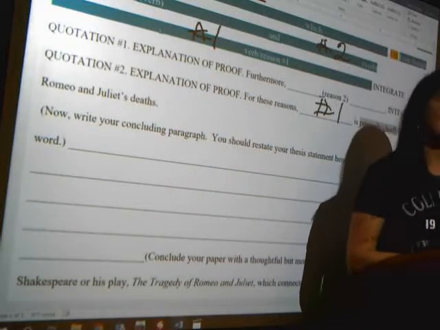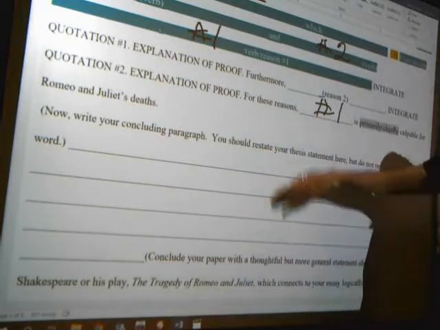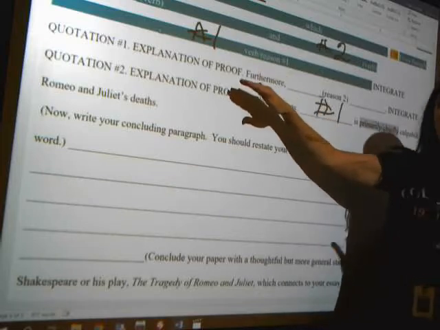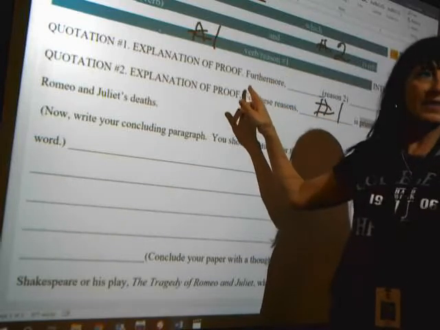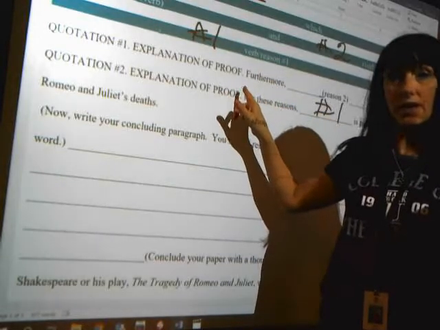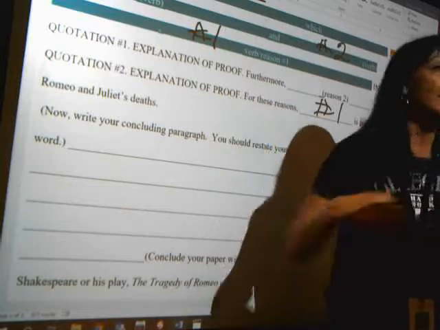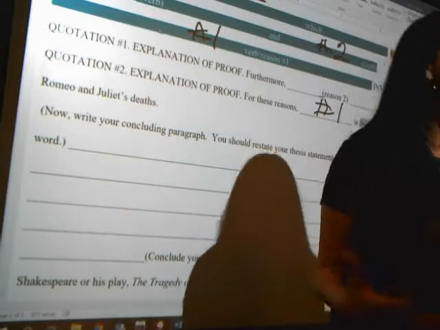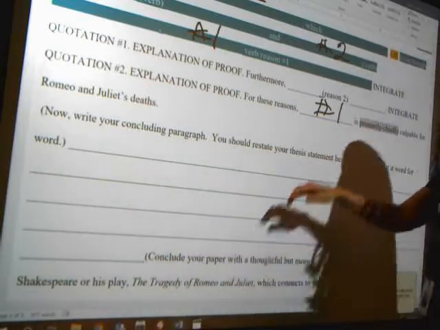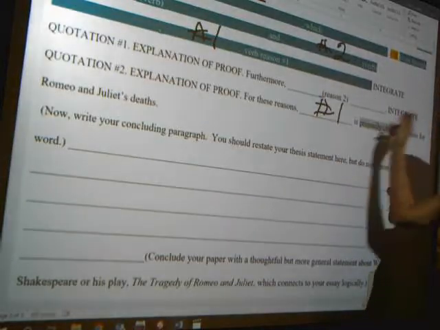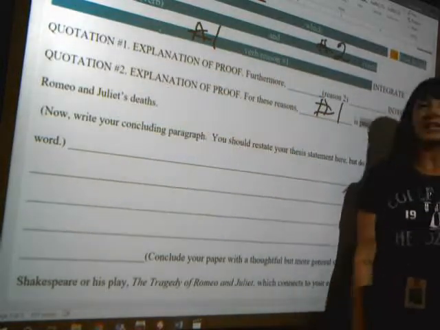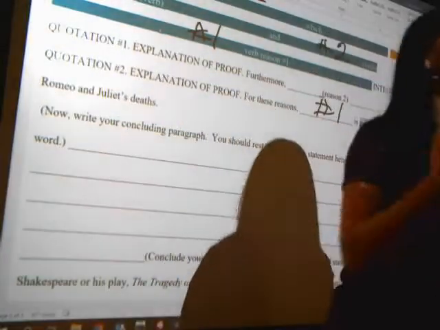Time. All right, then we go with that second reason. Remember, I'm adding information just like that useful transition sheet shows me, okay? So, furthermore, that means I have more to tell you, I have more to add. There's more here. Furthermore, second reason, integrate quotation, integrate explanation. Heck, you can go on for more.